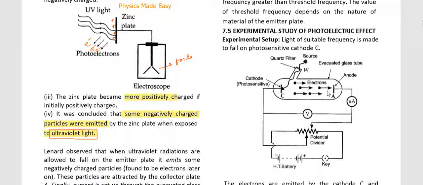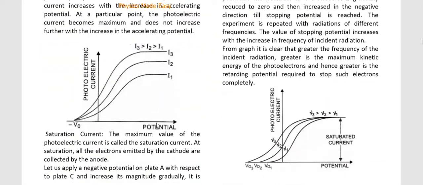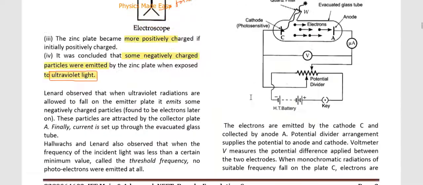In the next part, electrons with maximum kinetic energy will be able to reach the anode. Now, as we increase the positive potential, it means electrons are attracted towards this positive anode.